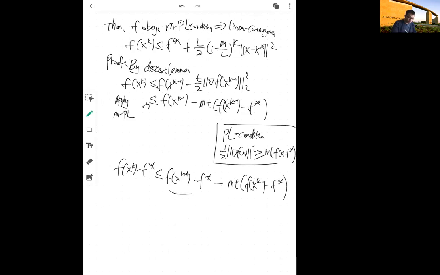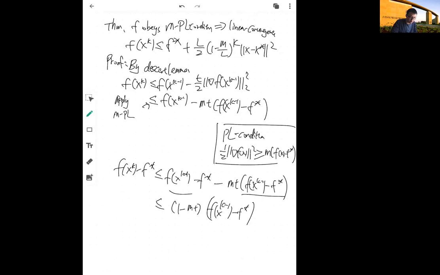So let's group these two terms together. So we'll have (1 minus m t) times (f(x_{k-1}) minus f star), right?